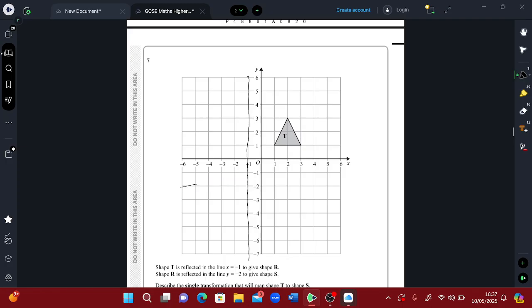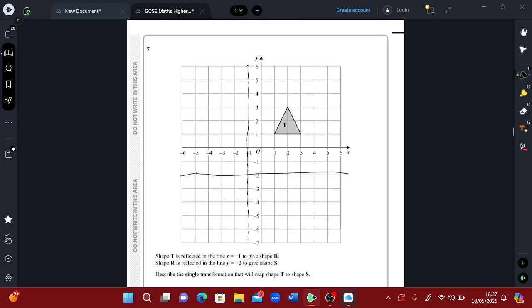Anyway, so y = -2 here. Very, very horrible line. I've not got a ruler or anything. So it says shape T is reflected in x = -1, which is here. So where's x = -1? It'd be this line here, to give R. So it's a good idea to reflect it first of all. 1, 2 coordinates there, that's the new coordinate.